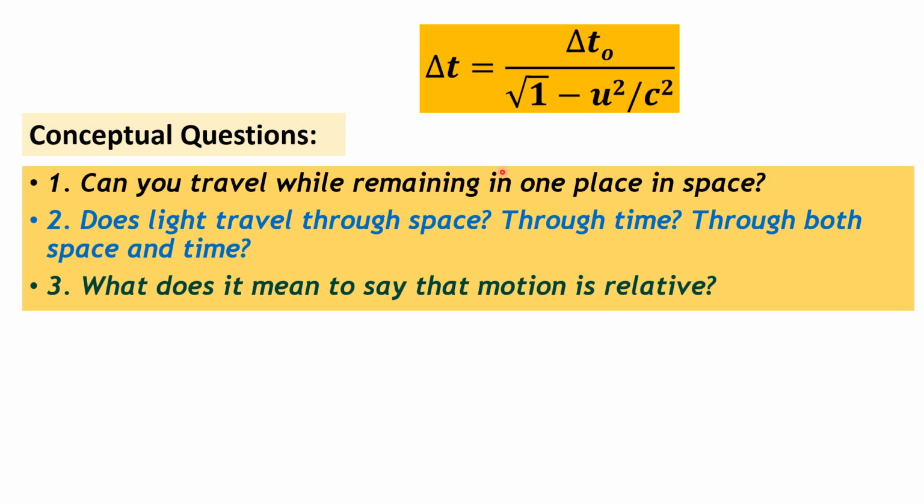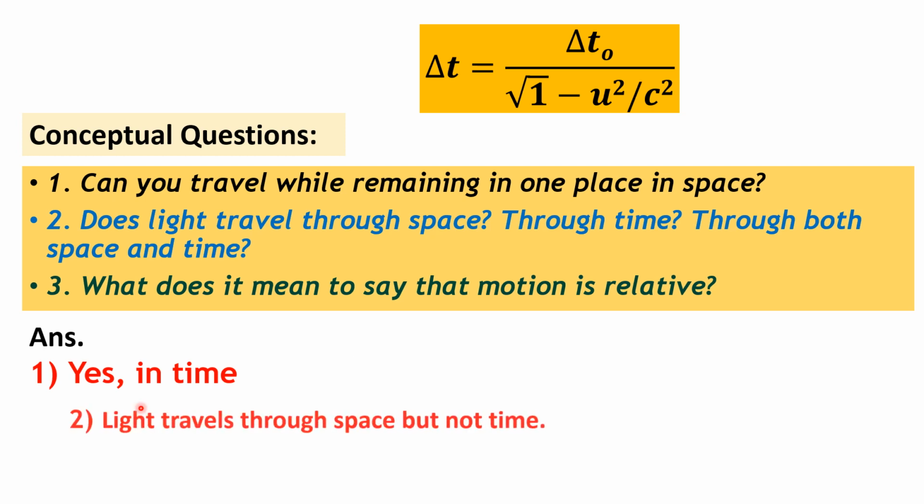Our answer to the first question is yes, we can travel while remaining in one place in space. That means traveling in time. For question number 2, the answer is light travels through space but not through time.